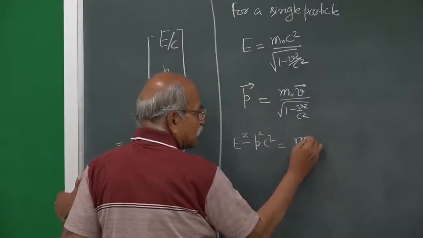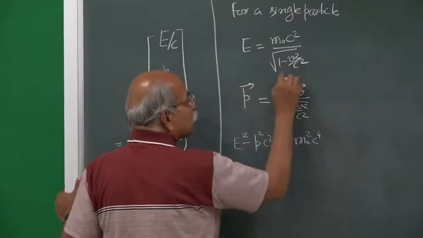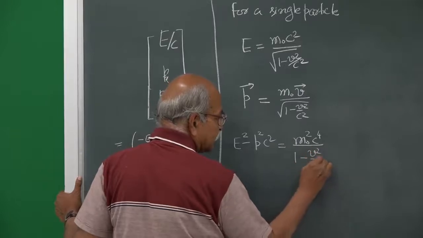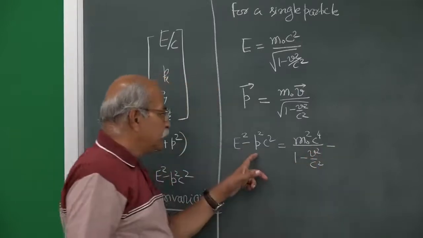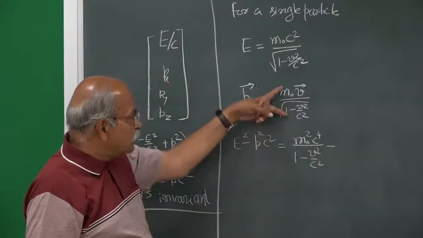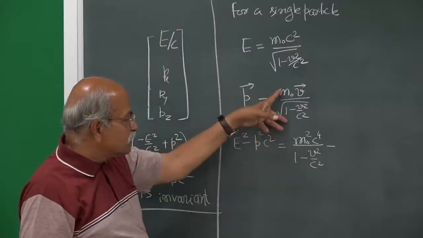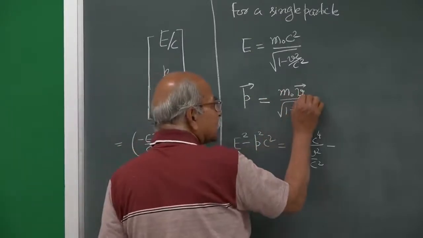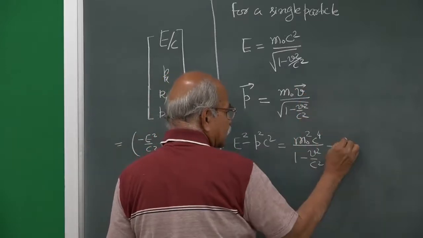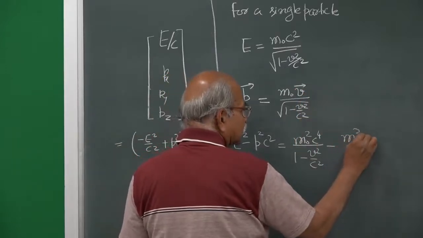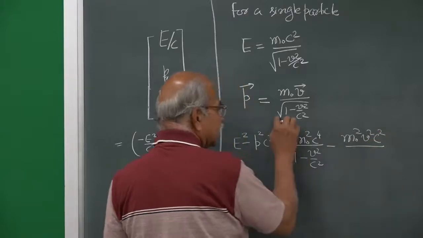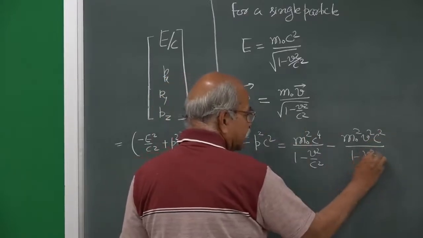So, m naught square C power 4 divided by 1 minus V square by C square, and then minus P square C square. So, square this, the magnitude squared, and multiply by C square. So, it is m naught square V square C square divided by 1 minus V square by C square.